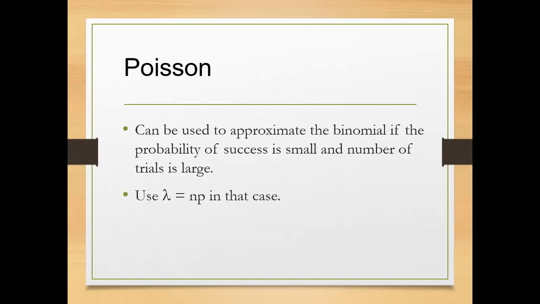Again, I have to reiterate, the probability of success has to be really small and the number of trials has to be really large to use this approximation. So a really tiny probability and a really big number of trials, then you might as well be using the Poisson with lambda equal to np.